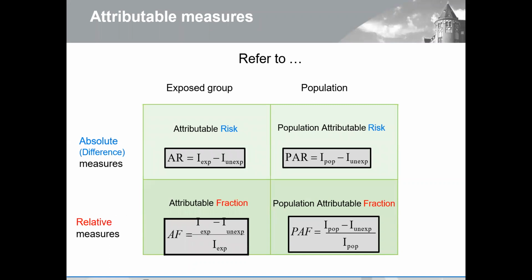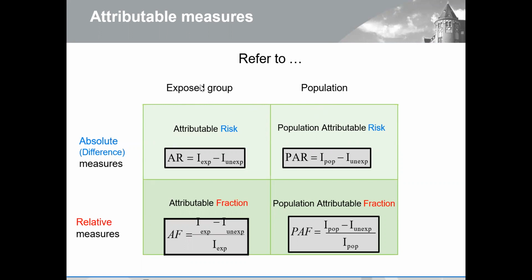So what are these attributable measures? They fall into two groups: those which look at the exposed group, and those which look at the whole population.